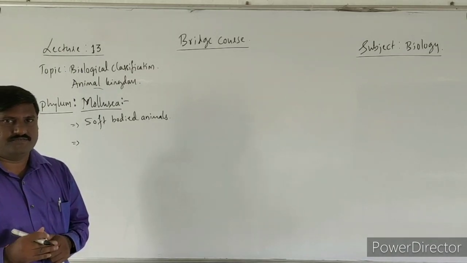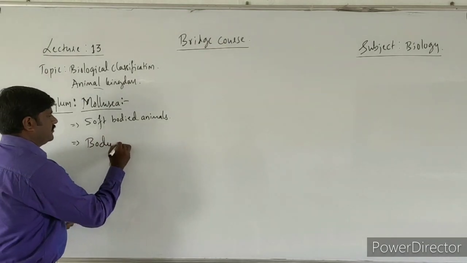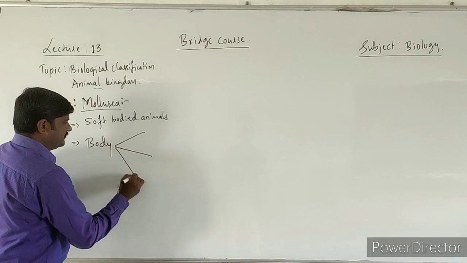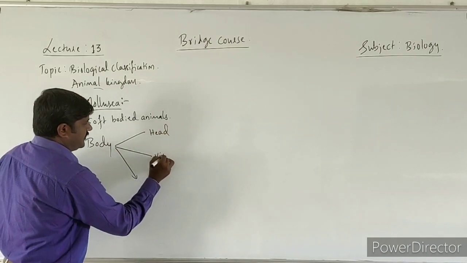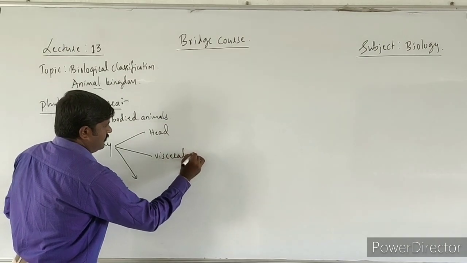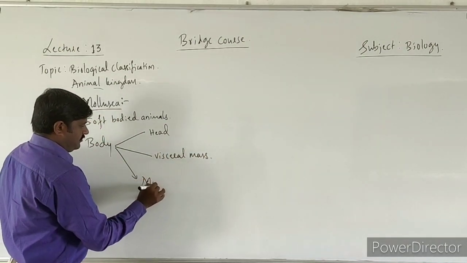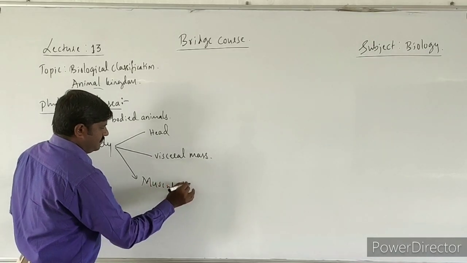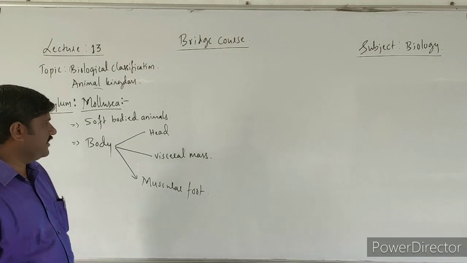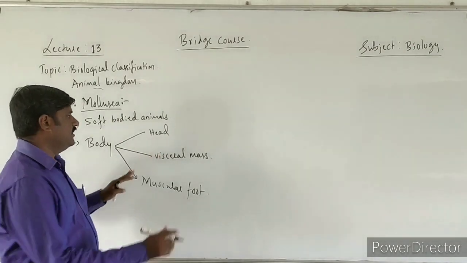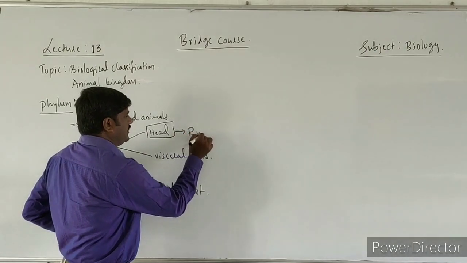Here, the body is divisible into three major parts: one is the head, the second is the visceral mass, and the third is the muscular foot. These are the three major parts we come across in these animals. The first one is the head. This head part is rudimentary.